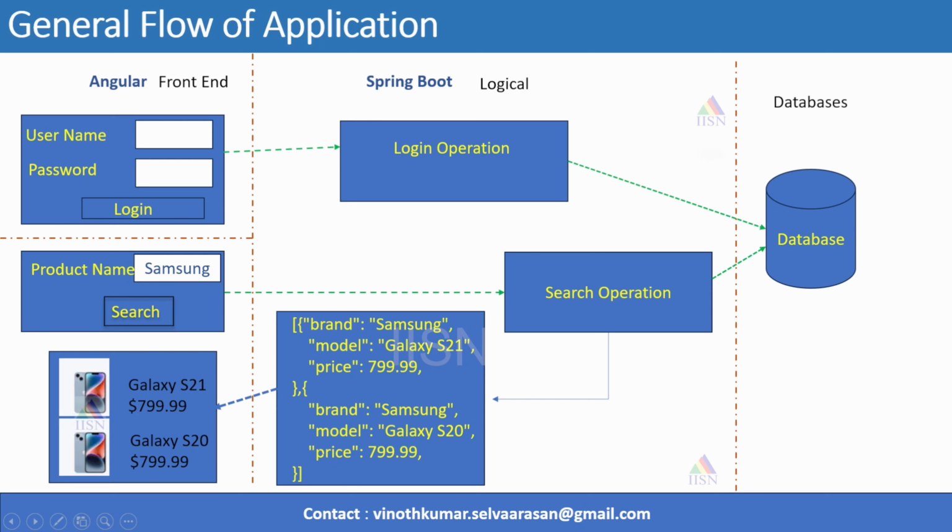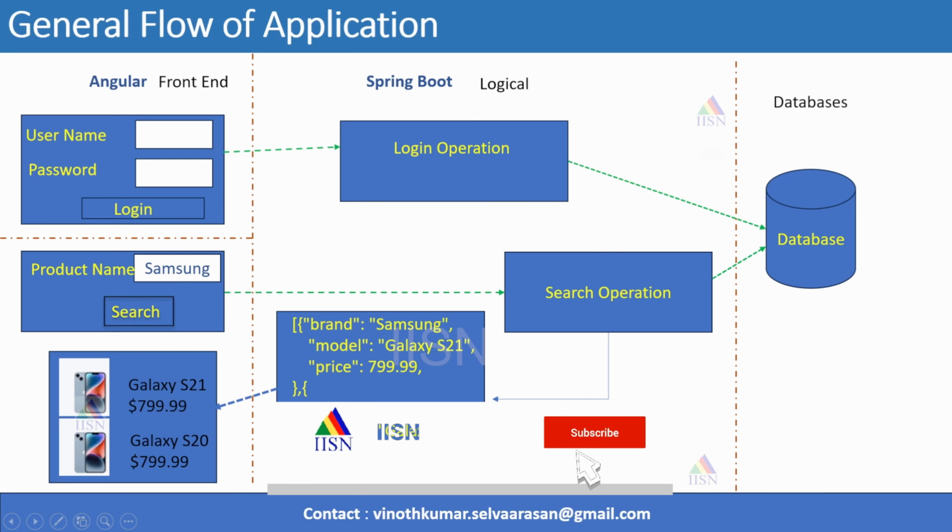Then we are going to see the searching operation. We give the product name and click the search button. Once we give the product name and click search, it is taken to the Spring Boot application. In the Spring Boot application, we have a class called the search class. This search class contains the logic relevant to searching the details in the database. It takes the values given by the user in the front end, that is Angular.